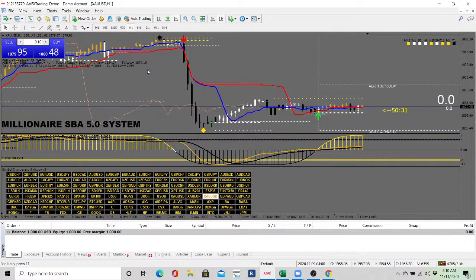So if you're a day trader, a scalper, there's a place for you in the market, and of course you can use the SBA system the way that you like, right? I've been learning from my studies that the goal is to obviously get to trading the higher time frame.